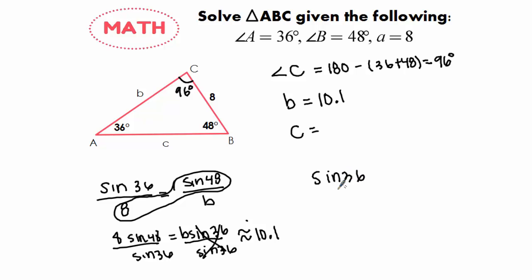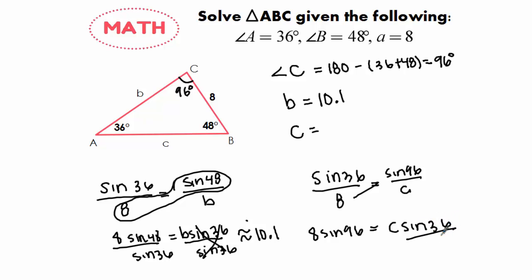I get sine 36 over 8 equals, then I'm doing angle C, so sine 96 over little c. Cross multiply again, so 8 sine 96 equals C sine 36.